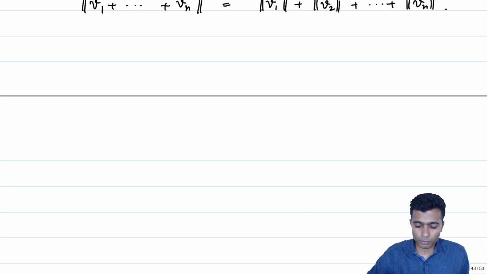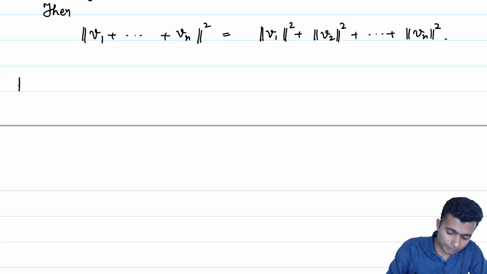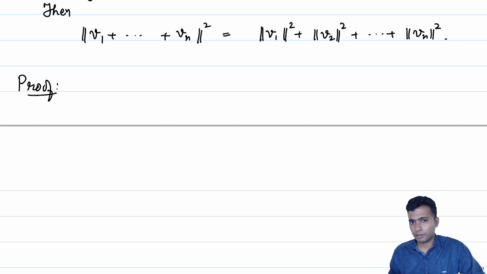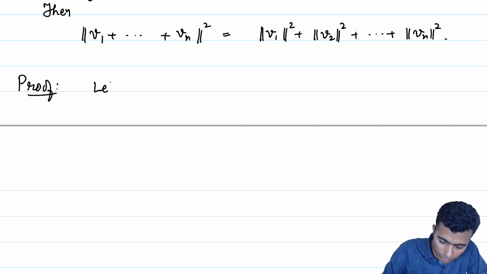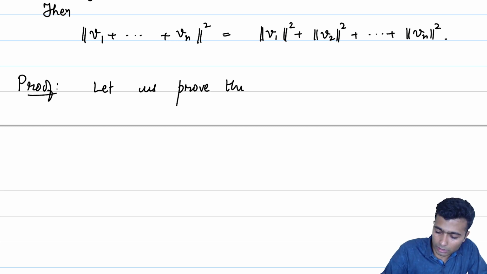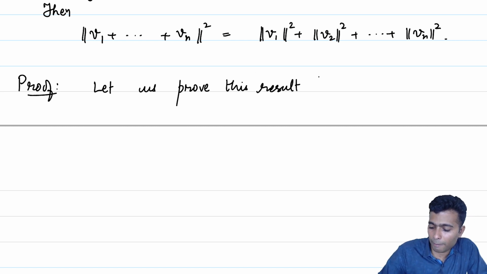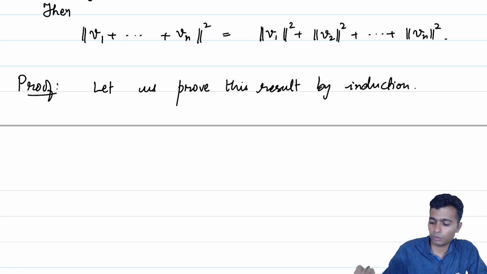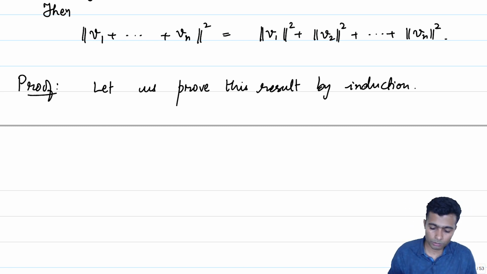Okay, so how do we prove this particular theorem? We shall prove this theorem by induction. Now, in the case when n is equal to 1, there is nothing to prove.